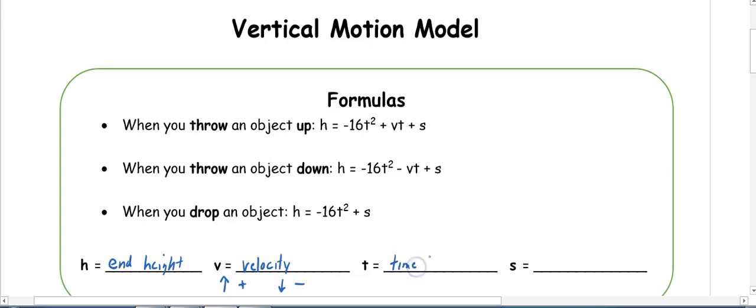T represents time, and in this case we're always going to use seconds, and S represents the start height. So notice though that all these equations have the number negative 16. That's because that's the force of gravity that moves something from a height down into the ground. So that number is always going to stay at negative 16. It's never going to change in our problems.